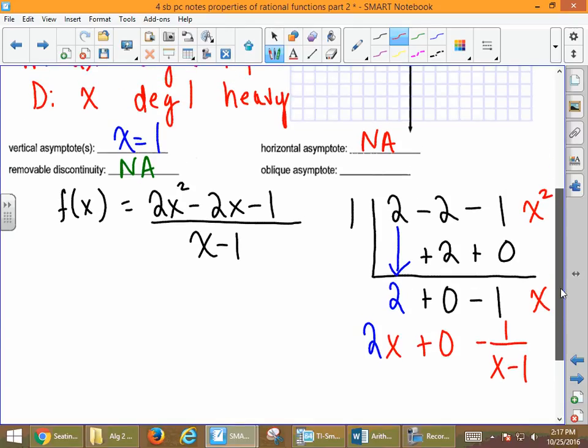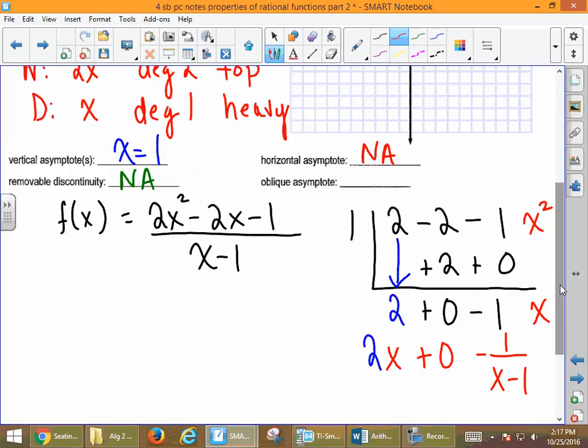So we don't need to worry about the remainder. Chloe? That's what we divided by right here, so that's what the remainder is. But what we need to worry about is the rest of it.